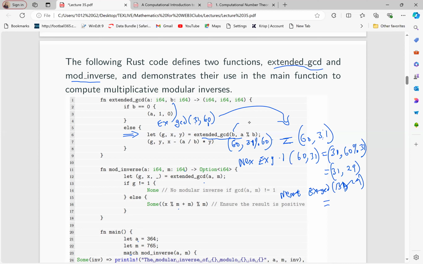According to this formula, it is B, which is 29, then the remainder of 31 on division by 29. I'm just reading this formula here. And when you divide 31 by 29, the remainder is 2.